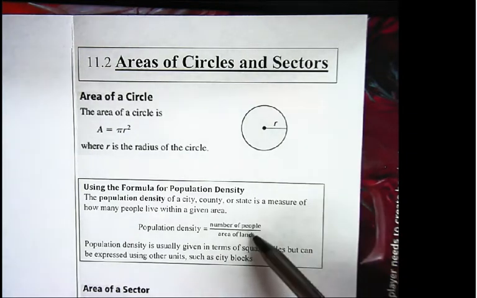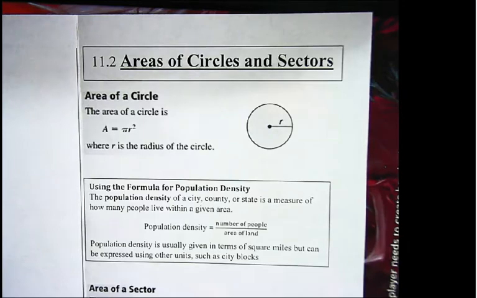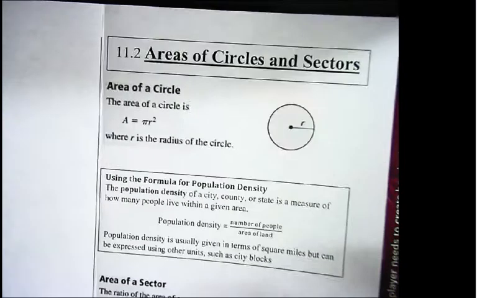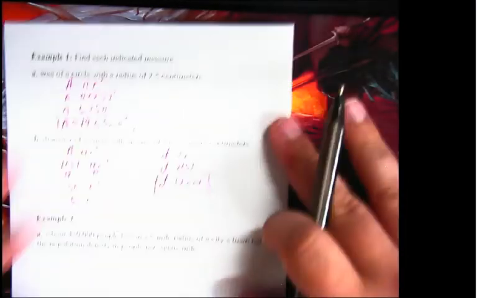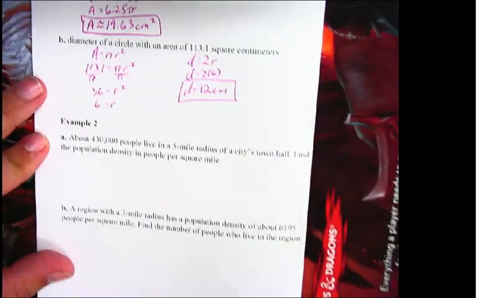All right? So number of people divided by area. And so you'll have it written down as people per square mile, usually. People per city block, you can have it that way too. All right? People per square kilometer, whatever. So let's take a look at this. Example 2.